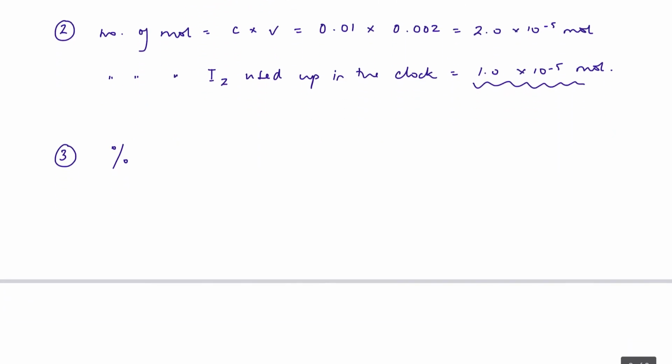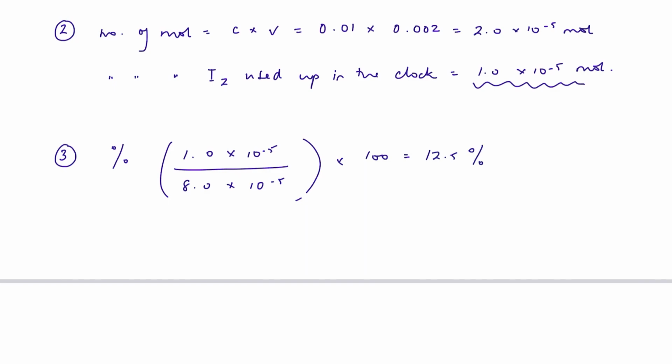So it's going to be 1.0 times 10 to the minus 5 divided by 8.0 times 10 to the minus 5, times 100, and that comes out at 12.5%. So we've been studying the first 12.5% of this reaction.